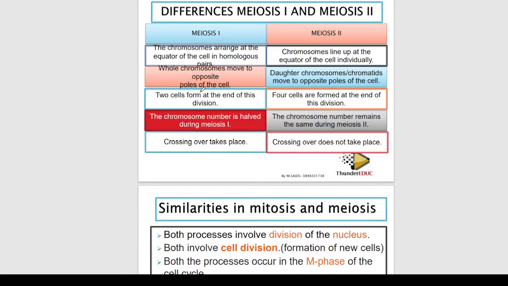What is the cause of mutation? There are so many causes of mutation, but we don't ask you that. Yes, it can be X-rays, it could even be ultraviolet rays, but we don't ask you. I only focus on the examination guideline.